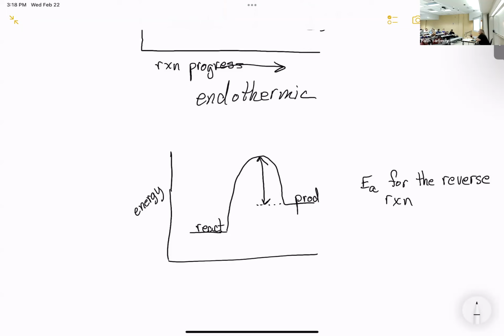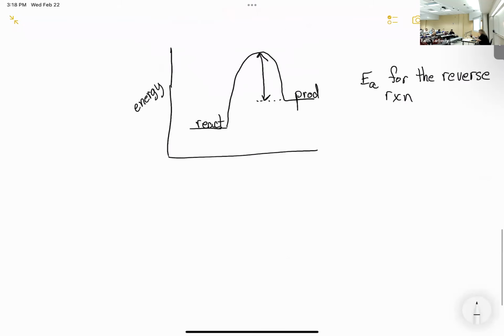Now, I will reiterate something that was said in College Chemistry 1. As a reminder, exothermic reactions tend to be spontaneous.